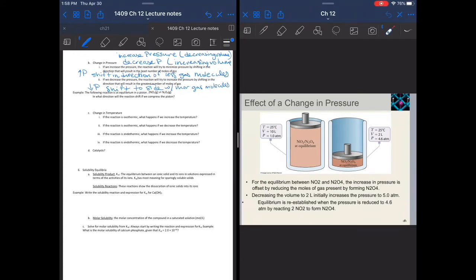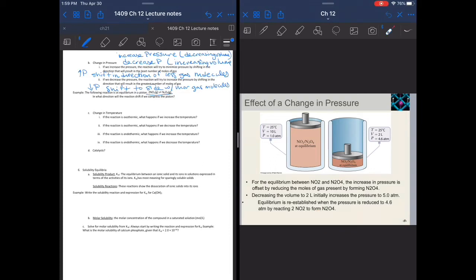So let's look at this example problem with NO2 and N2O4. This is going to be this little equation right here. You have 2 NO2 in equilibrium with 1 mole of N2O4. So if we decrease the volume, we build up the pressure, then that is actually going to push this reaction to the right.